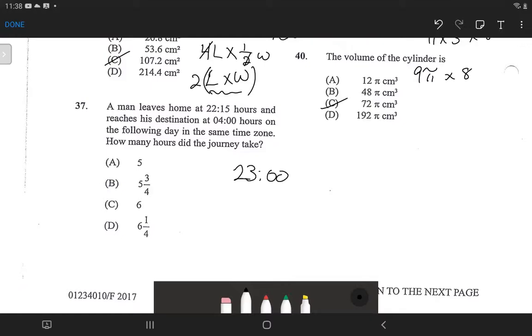So we have 2300. 400 hours is the same as 1600 hours, right? Or 2800 hours, if you will, because it's 4 hours after the 12. So you'll get 5 hours and 3/4. So that's B.